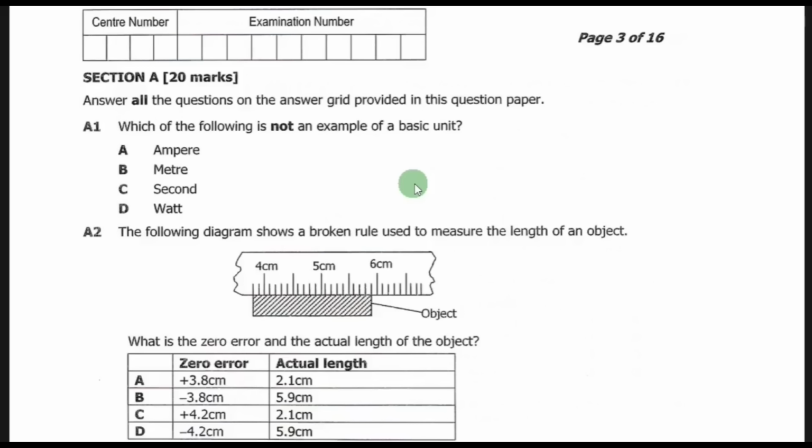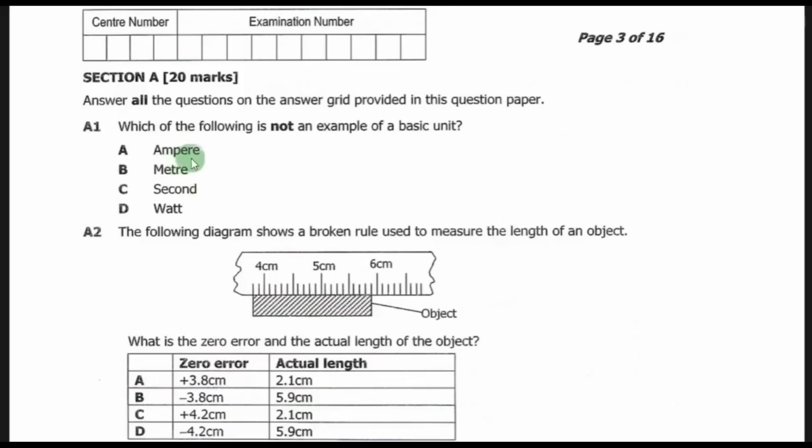These are quantities like mass, time, length, current, temperature. Then we have amount of substance. We have also light intensity. So these ones which I've mentioned, they are considered to be fundamental quantities in science, and their units are known as basic units.